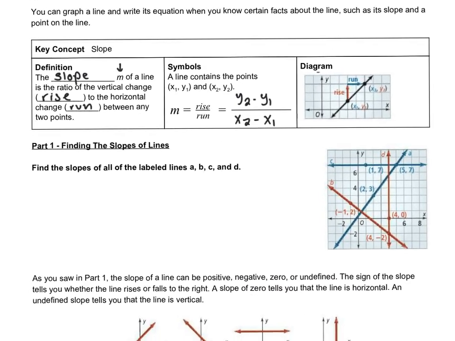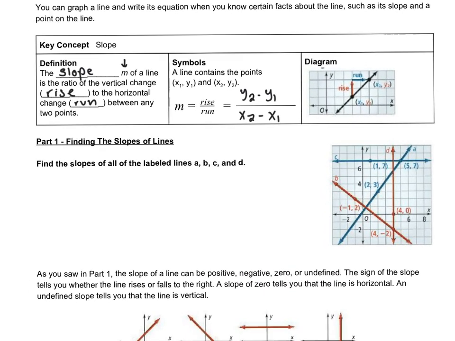So looking at part 1, it says find the slope of the lines A, B, C, and D. Let's look at A first. A contains 2 points, (5, 7) and (2, 3). So we'll call (5, 7) x1, y1, and (2, 3) x2, y2.